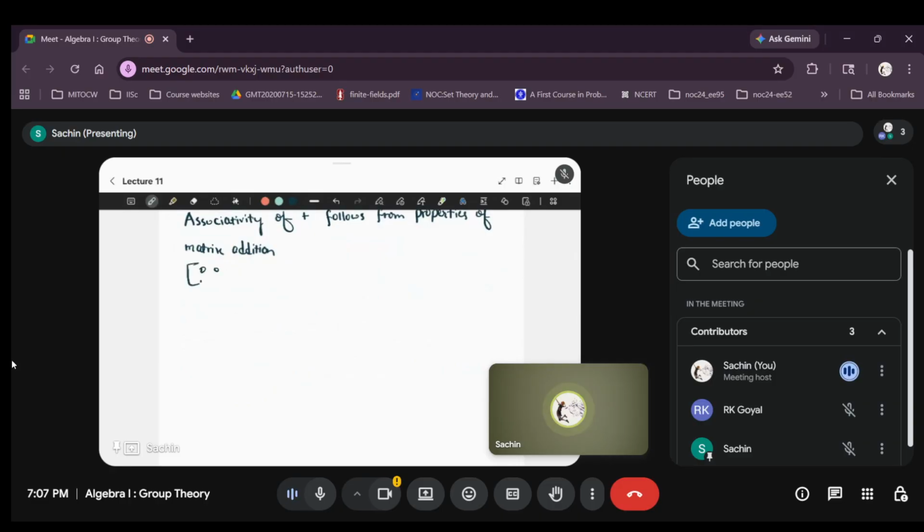Then the identity is 0, 0, 0. You also have additive inverse. Commutativity follows from commutativity in Z.